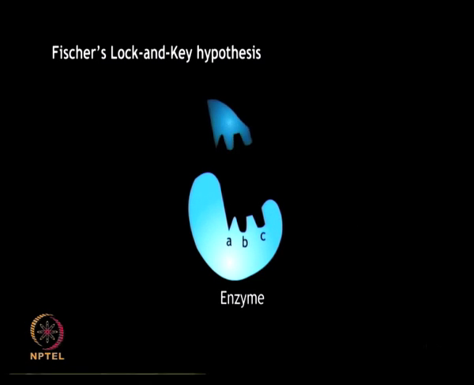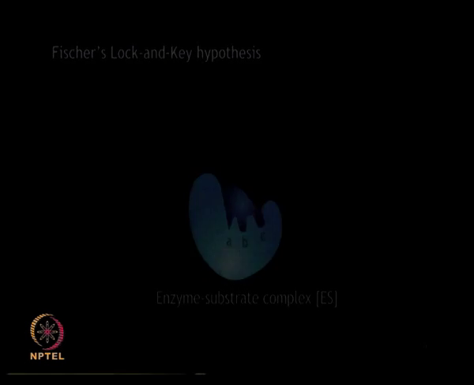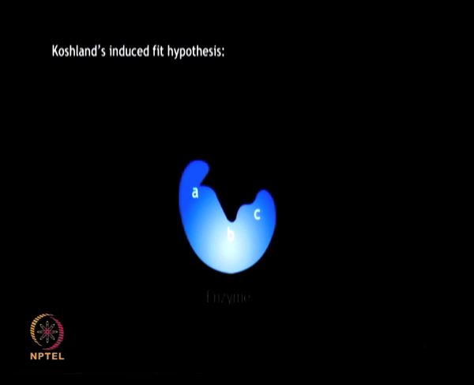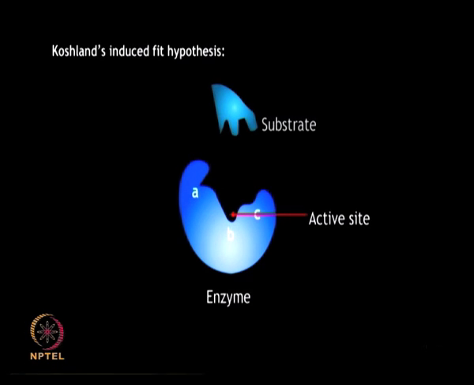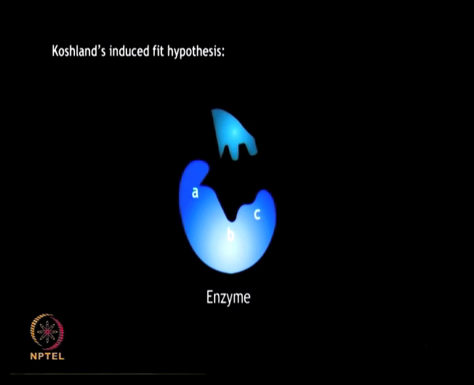This model accounts for the specificity of enzymes but fails to account for stabilization of the transition state. Koshland proposed another hypothesis, known as Koshland's modified hypothesis, which suggested that the active site of an enzyme is continually reformed based on the interaction that it establishes with the substrate molecule.